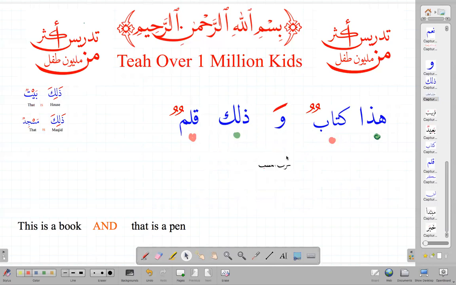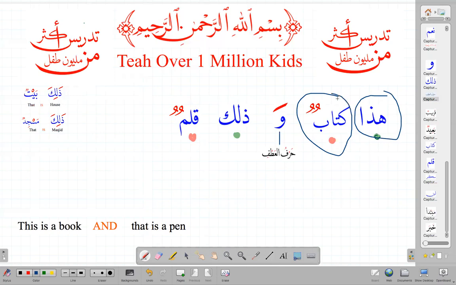It joins two words or two sentences. We are going to see them next lesson 3, inshallah. So this is called مبتدا. This is called خبر. All this sentence is called جملة اسمية because it starts with الاسم, the noun. This is a noun. هذا كتاب. This is a noun as well.